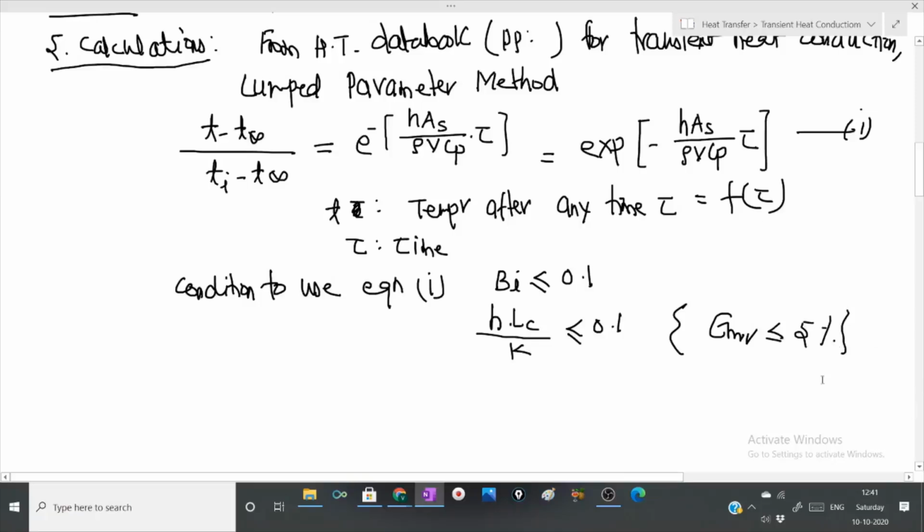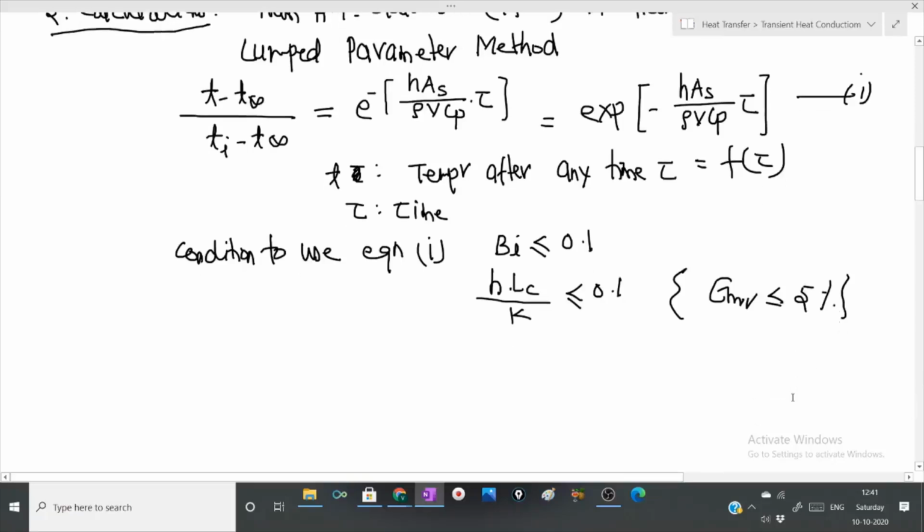So in order to get the temperature correctly, I must first check that the value of the Biot number is less than or equal to 0.1. As you can see here, the Biot number is nothing but H Lc by K, where H is the convective heat transfer coefficient, Lc is the characteristic length, and K is the thermal conductivity of the body.